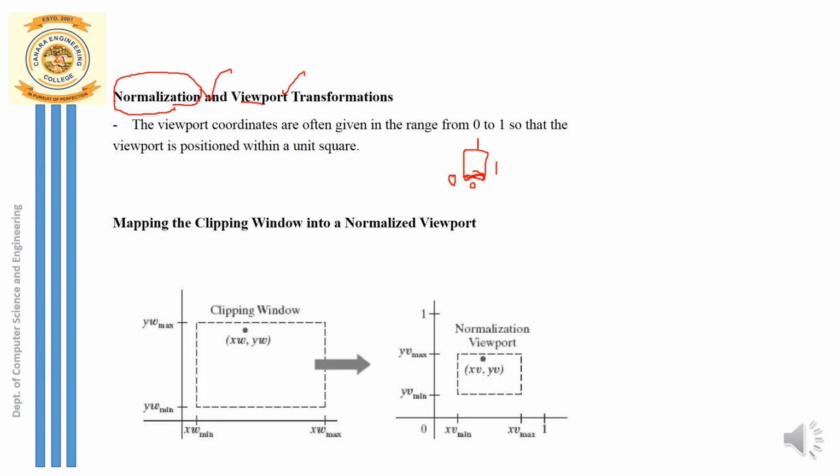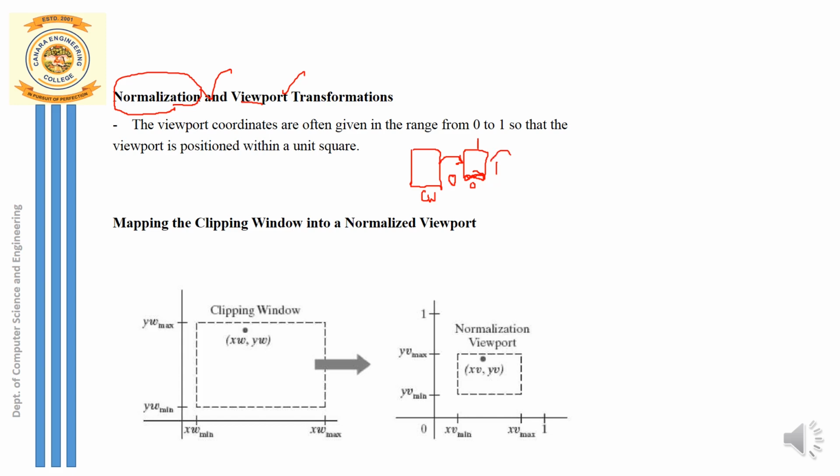So what can I do now? First I have my clipping window. The clipping window boundary is of your wish. You can set up any boundary for your clipping window. Once your clipping window boundary is set up, you can map onto the normalized square, or convert this clipping window onto a normalized square in such a way that your boundary will fall in the range 0 to 1.